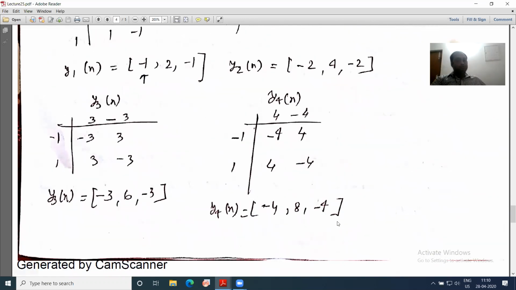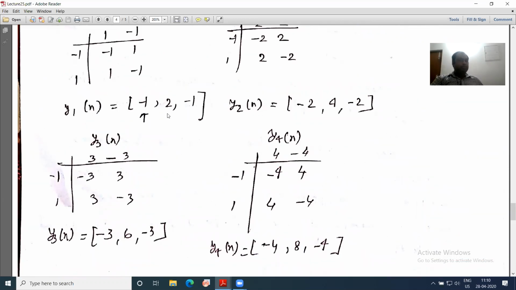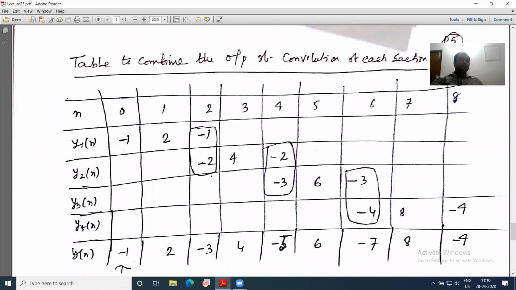Now tell me, what are the starting points? The first output spans 0 to 2, the next 2 to 4, then 4 to 6, and then 6 to 8.